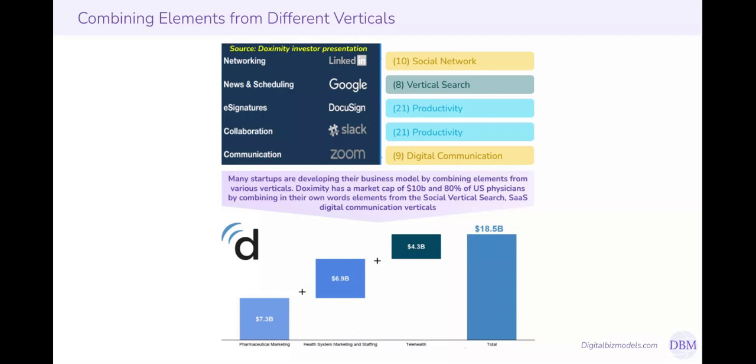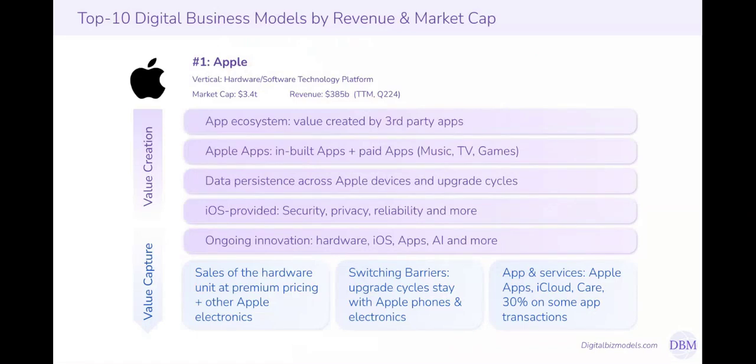So that's a great way to use the knowledge that you gain through all the things that we've shown you. And last but not least, we've shown you the top 10 digital business models by market cap. So you have 10 times 5 key value creation and value capture aspects, and learning from many different ones, plus learning from the biggest ones in the verticals, we believe is a great way of getting your learning started and getting ideas.